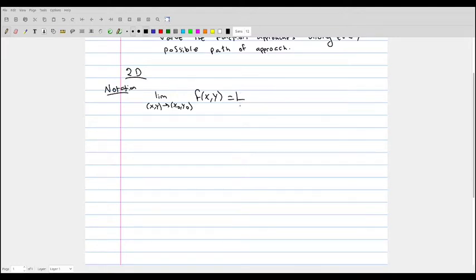So we say that the limit is equal to L. And if the limit does not exist, we just say that the limit does not exist, or DNE. And just like for single variable functions, the limit may or may not exist for any given multivariable function.